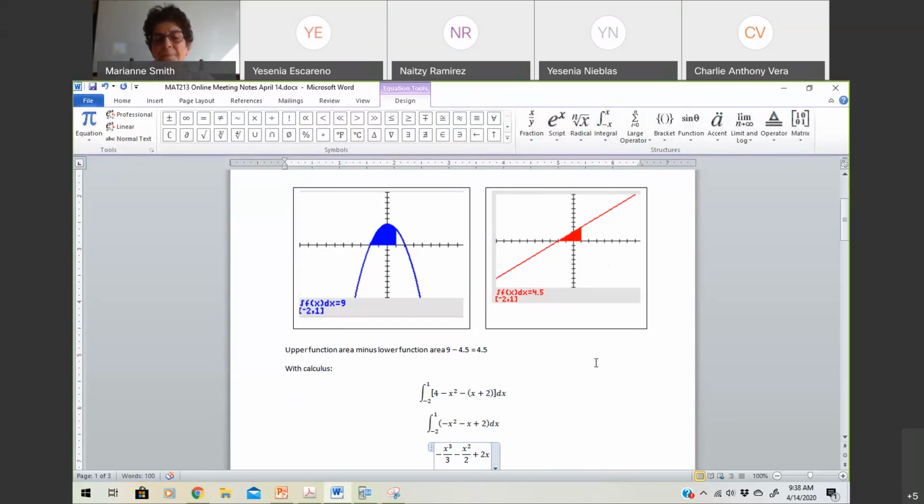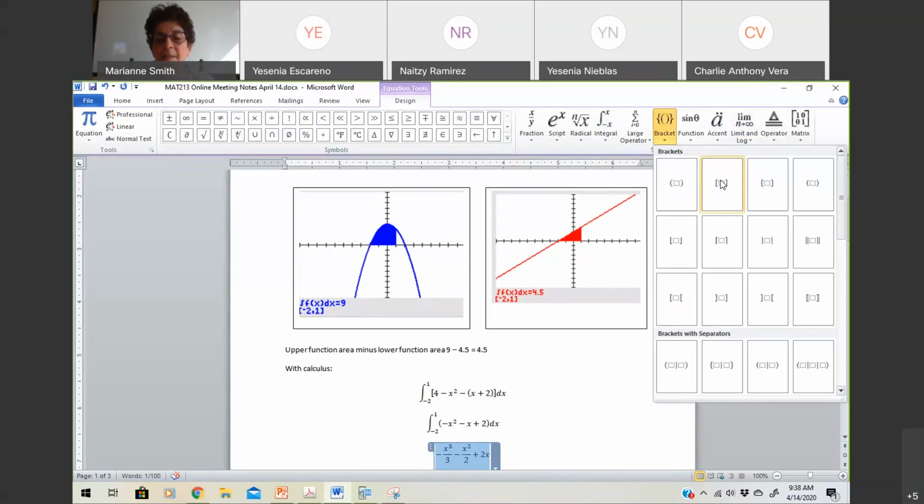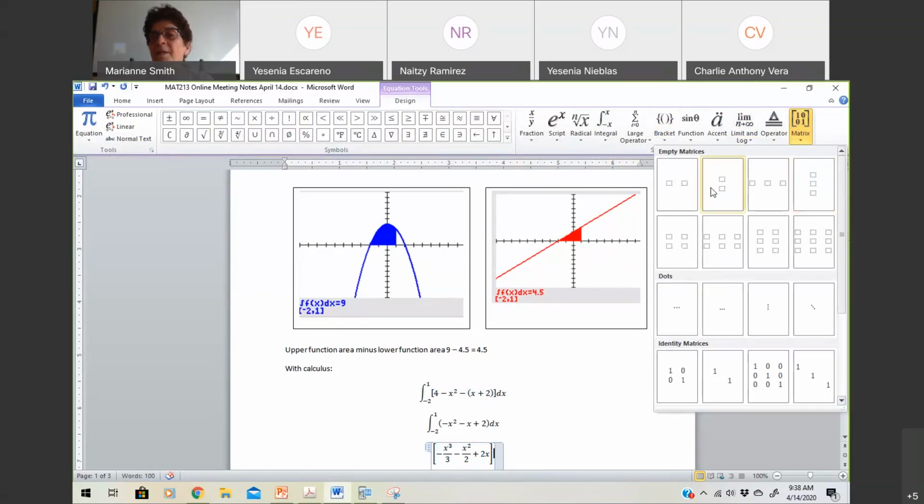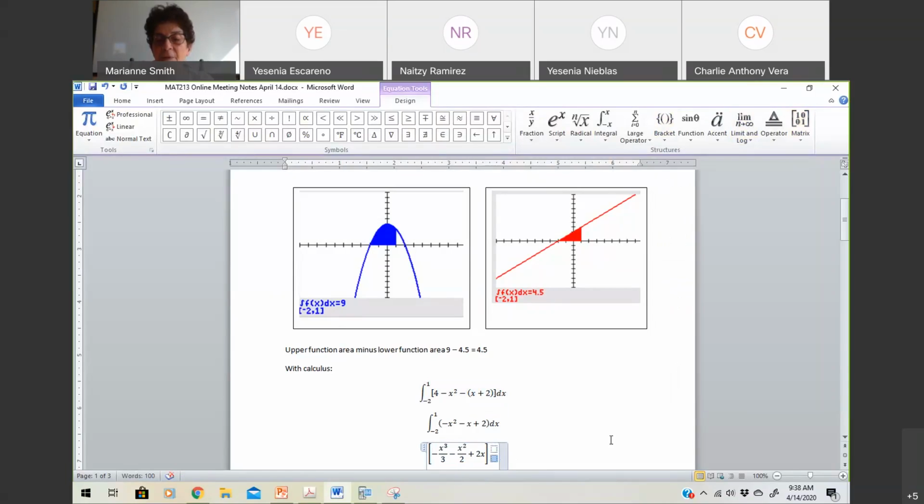Again, there's no really good sign here, so let me just put it in brackets if it will let me. And then I'm going to put the bounds of evaluation from -2 to 1.